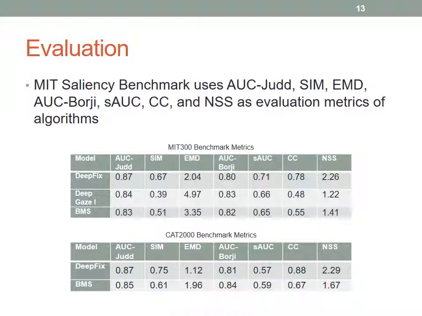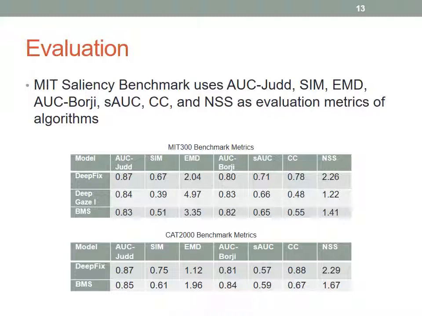Each of those is trying to measure the area under the ROC curve, or the receiver operating characteristic curve. And so the true positive and the false positive are a little bit different for each of them.